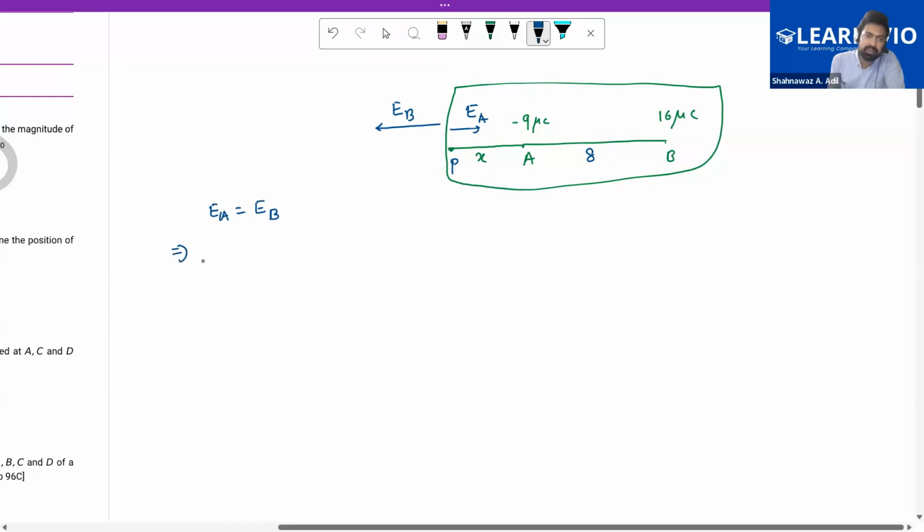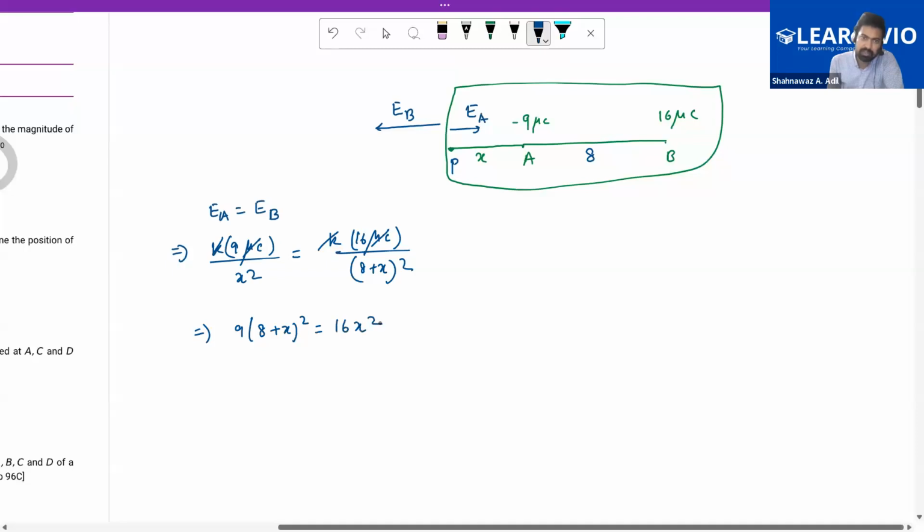So EA is K 9 microcoulomb divided by X square, and EB would be K 16 microcoulomb divided by (8 plus X) square. So microcoulomb cancels, K cancels, and again we have 9 (8 plus X) whole square equals 16X square.